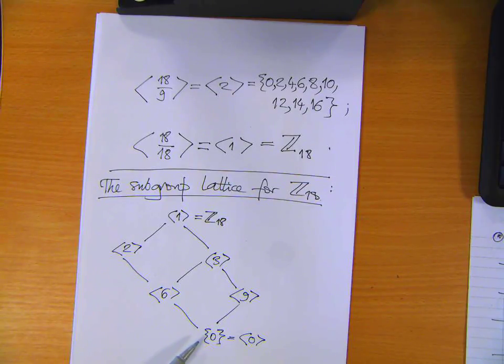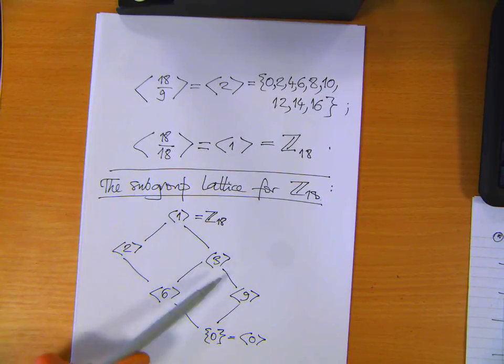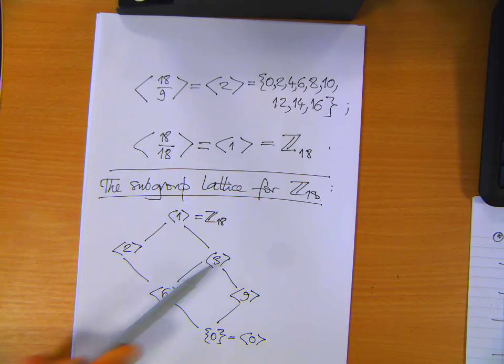So just to remind you, a line going up the page means that the subgroup at the bottom of the line is a subgroup of the subgroup at the top of the line, and there's nothing in between. Of course, 9 is a subgroup of the top one, but 3 is in between, so that's why there's a line between 9 and 3 here.